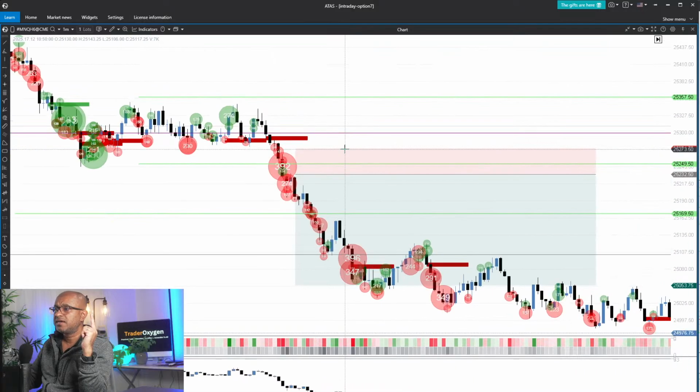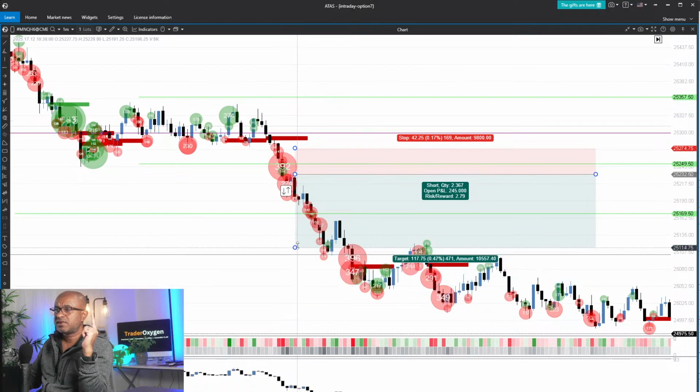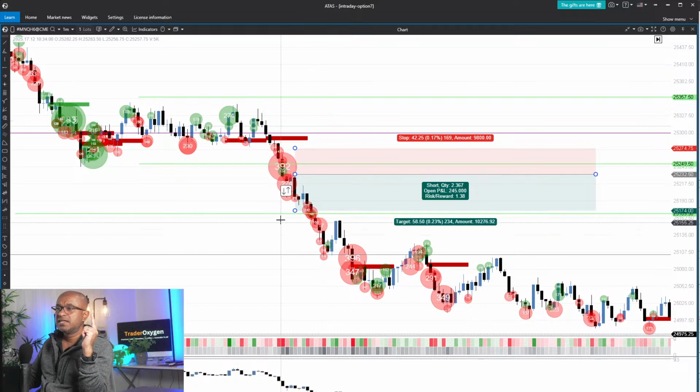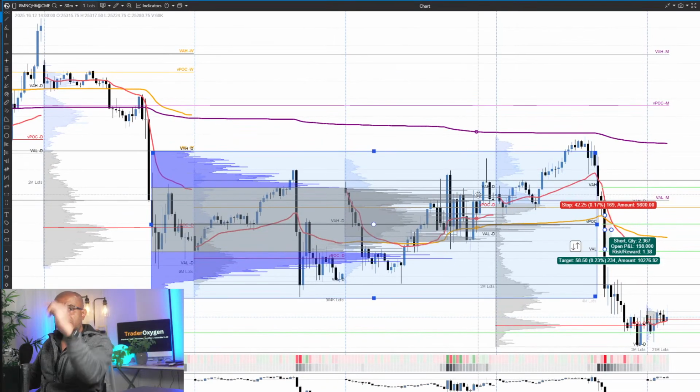So the first target, if I bring back where we took it, was over here, just above the value area low. Because again, taking you to the 30-minute chart, if the price is bouncing up and down, our targets are value area high, value point of control, or value area low. Now in this scenario, the target is the value area low, because we are looking for a bearish entry.